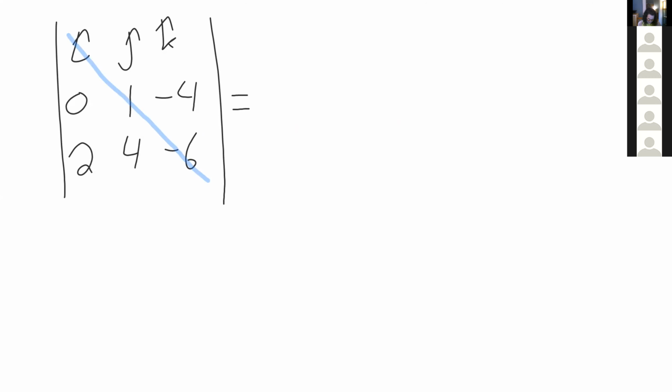So that's -6 i hat. j times -4 times 2 gives us -8 j hat. k times 0 times 4 gives us, we'll do plus 0 k hat. Of course, that's just going to be equal to 0, but just so you have it in your notes, there you go.